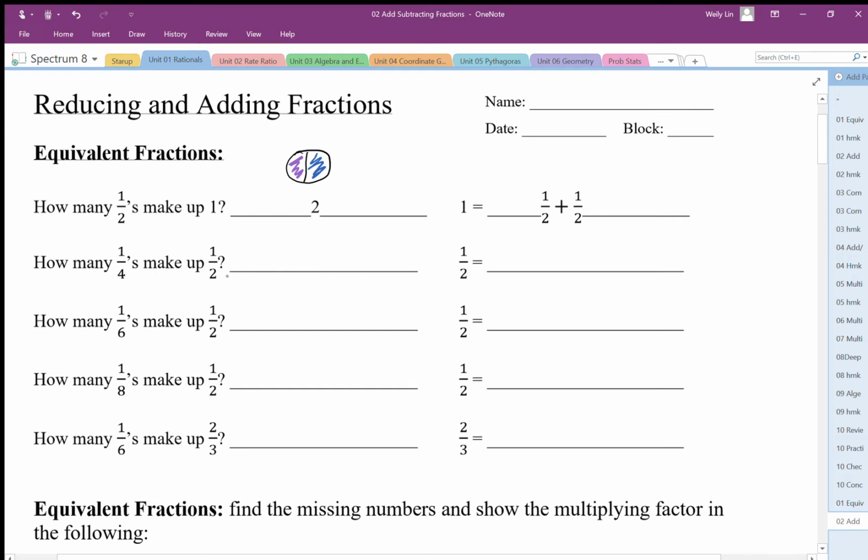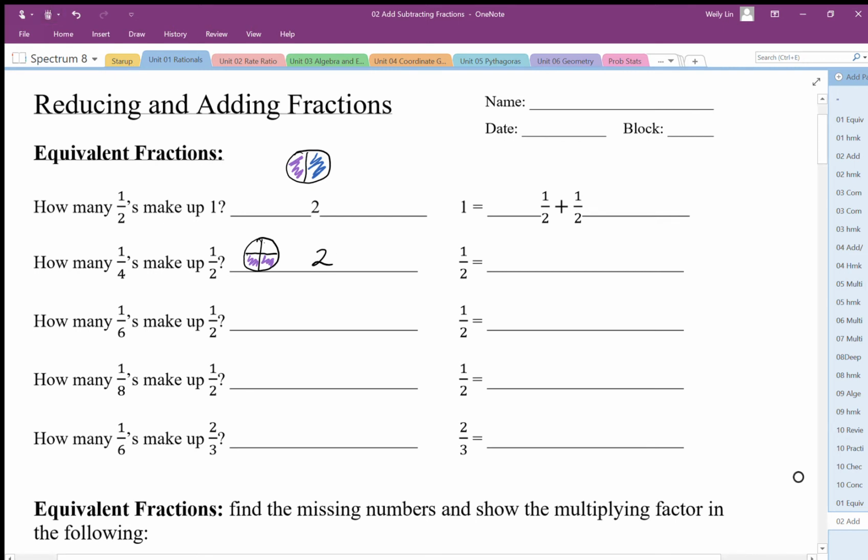So how many 1/4 fractions make up a half fraction? Well, the answer for that would be 2, again 2, because we can show that if we chop this up into quarters, we can see that two 1/4 fractions, one here and one here, would make up that 1/2 fraction. So again, the answer would be 2.